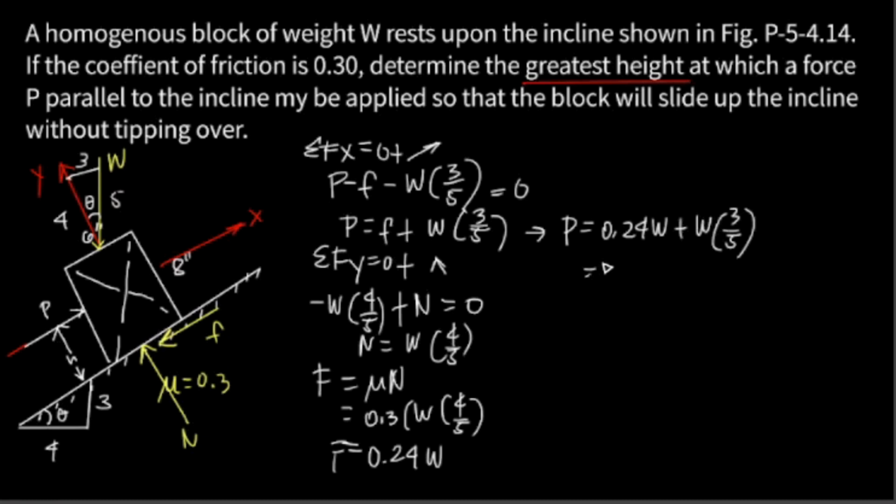So 0.24 plus 3 over 5 will be 0.84. So P is equal to 0.84 W. We have now gotten the value of P, so let's just note it here.